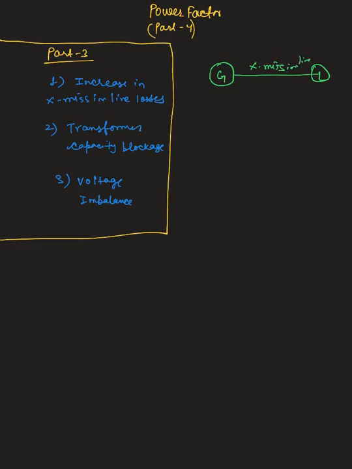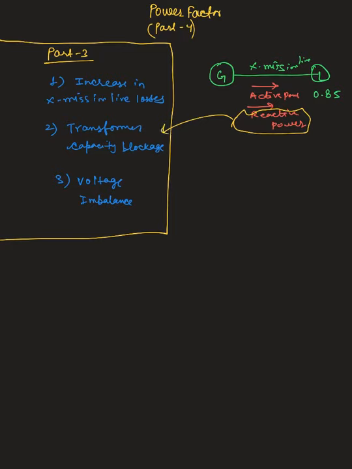For a moment let's assume the power factor of the load is 0.85, then this load requires certain amount of active power and certain amount of reactive power. Because there is no arrangement near the load to feed reactive power, it is requiring this reactive power from the grid. And because of this, all these problems are happening.